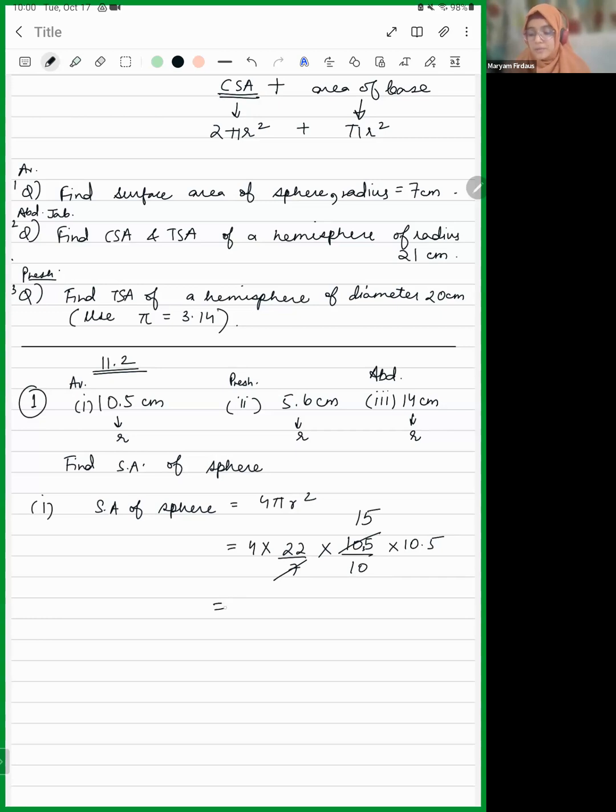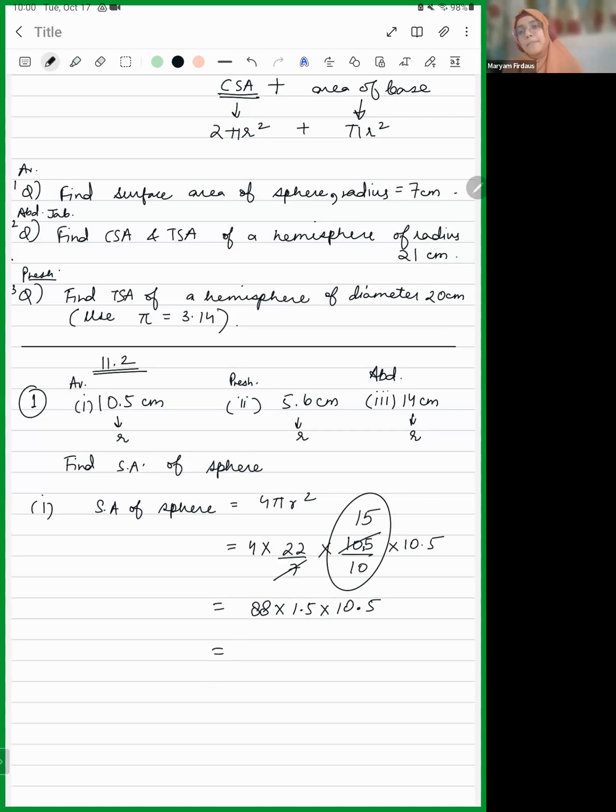So what are we left with? We are left with 88 into 1.5 into 10.5. I wrote this as 1.5. Okay, Avni? So now just solve this and tell me what it's coming.